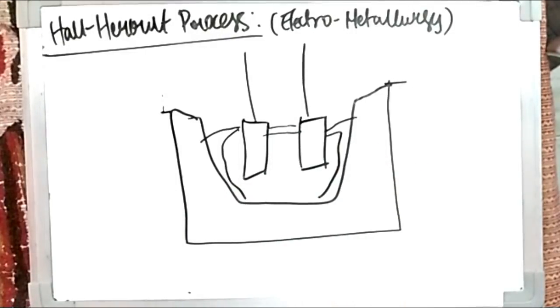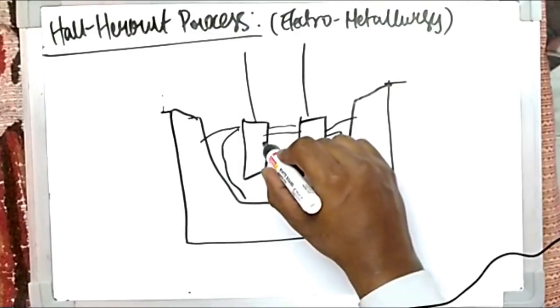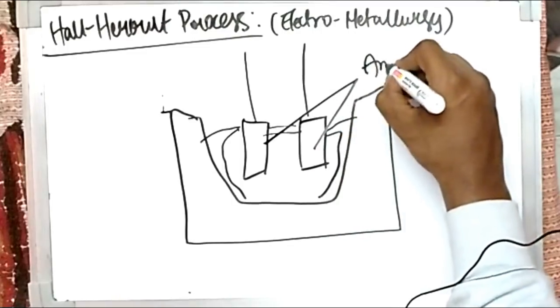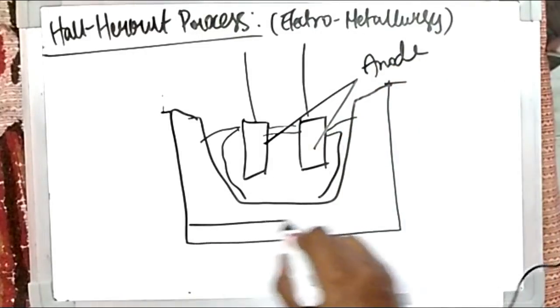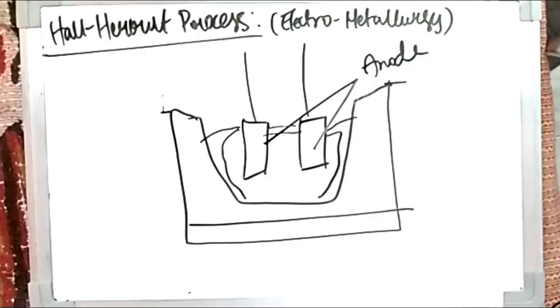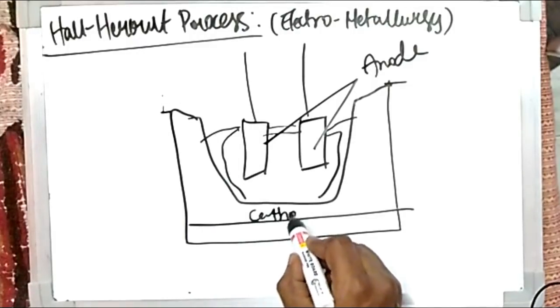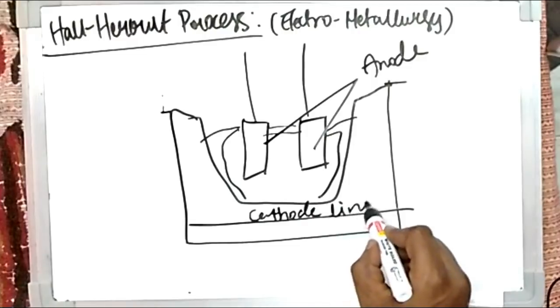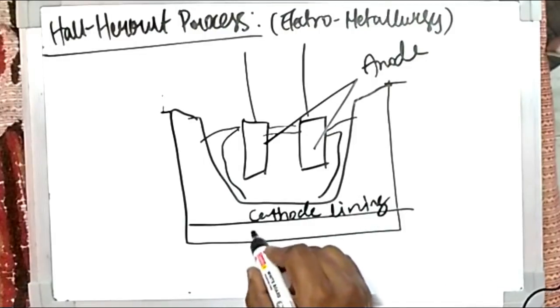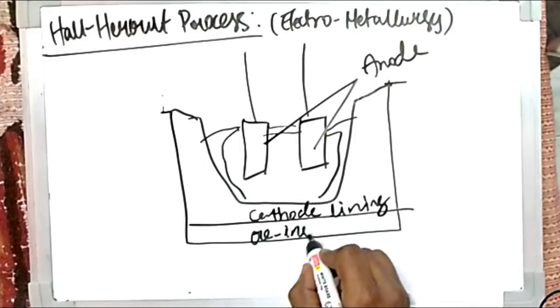If you consider this as an electrolytic cell, because I said this is an electrolysis process, here these are the electrodes or anodes. Here there will be a lining. Here generally there will be a cathode lining, and this is again the ore insulation.